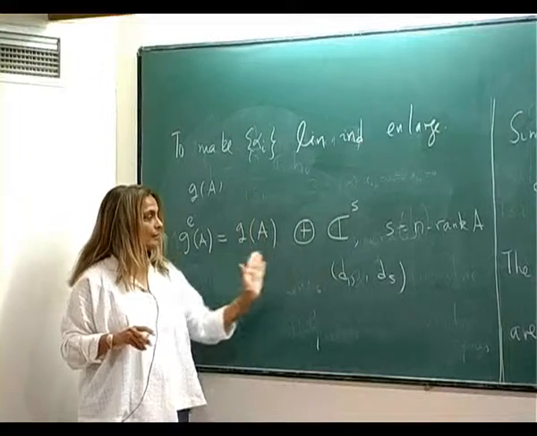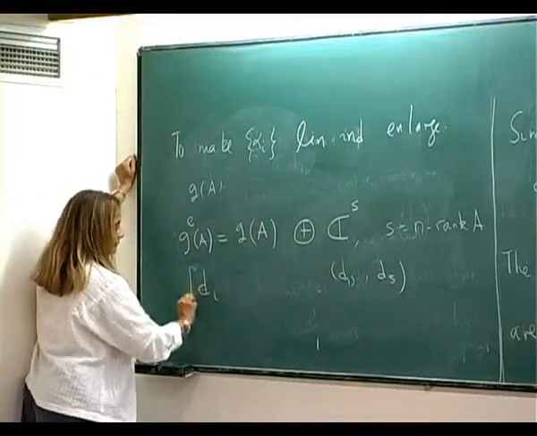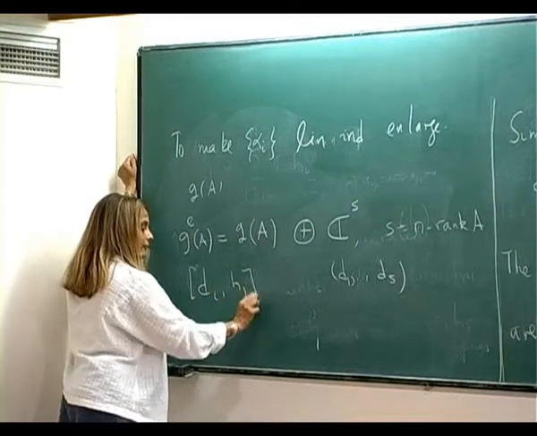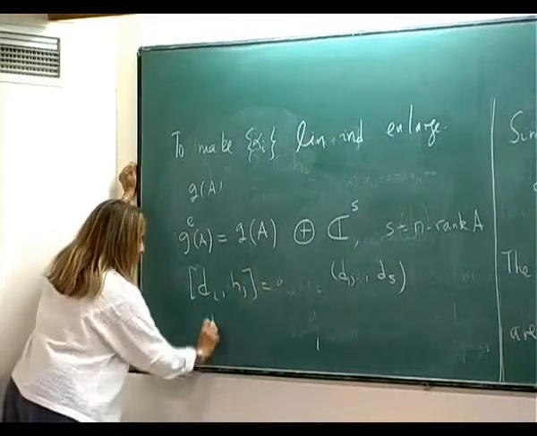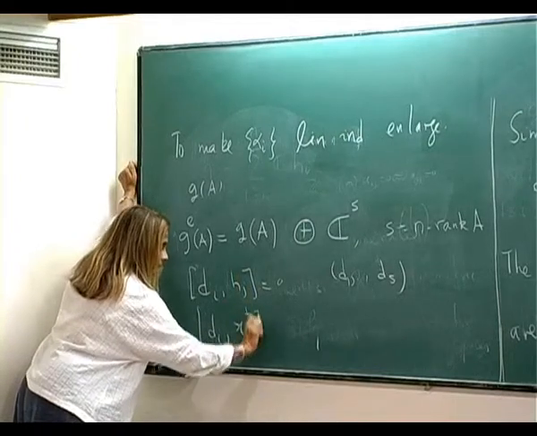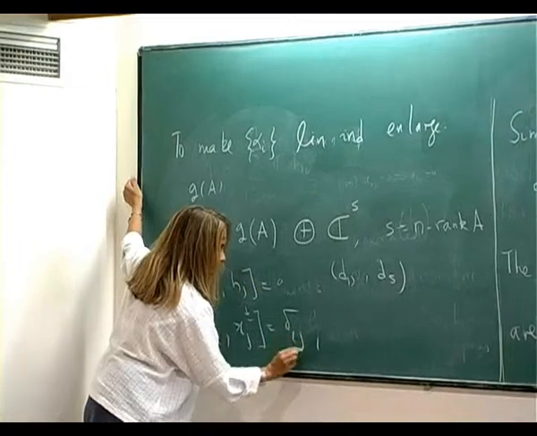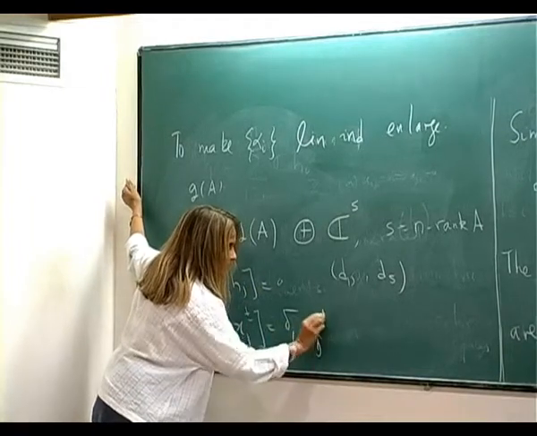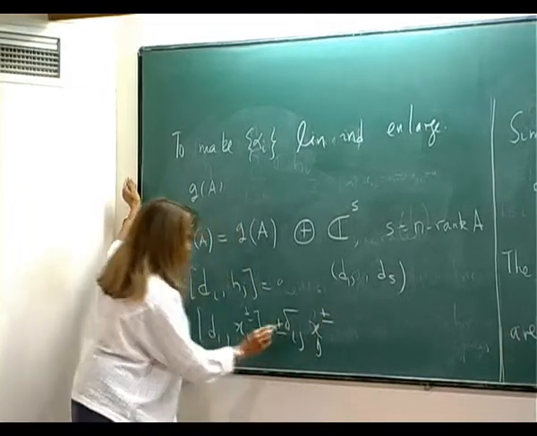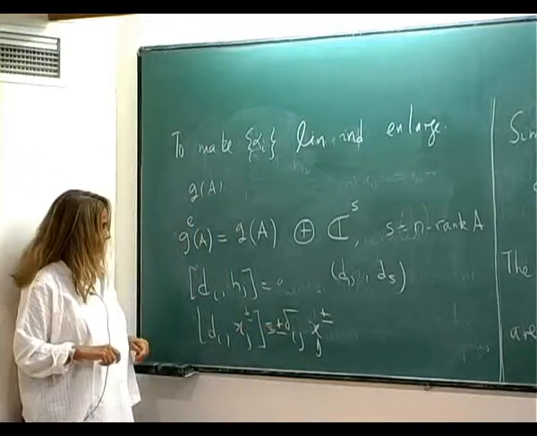I don't change the commutator here, and I'm going to just decide that [d_i, h_j] is 0, so I force it to be commutative, and then [d_i, x_j^±] will be equal to delta_ij x_j^±. I should have a plus or minus here. Okay.